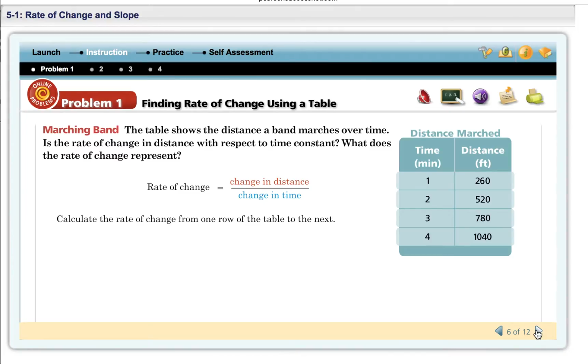Calculate the rate of change from one row of the table to the next. First, find the rate of change for the first 2 rows in the table.